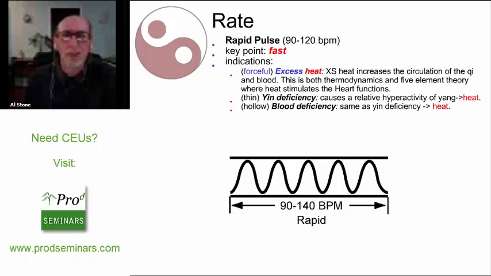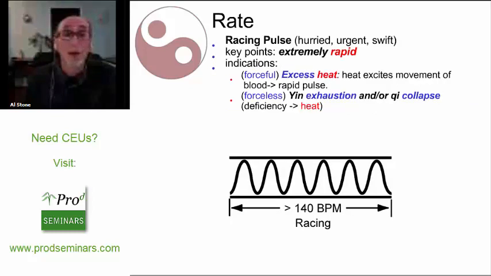But this is just the heat moving the pulse quicker. The heart is a fire element. It's really sensitive to heat. It doesn't take much heat to get it going. So heat, in terms of the pulse rate, is really easy to assess. The racing pulse, you don't have to think about this as any different than the fast pulse. The only difference is it's faster.